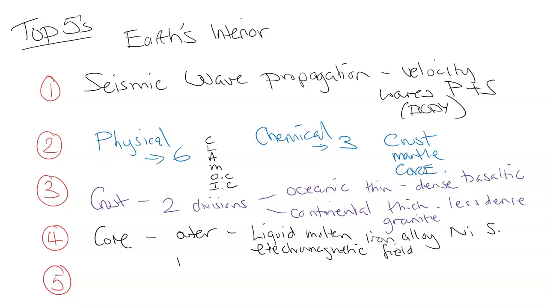And the inner core, well, that's just a solid chunk of iron and nickel at 6,000 degrees Celsius and 53 million pounds of pressure per square inch. So an insanely crazy environment, and that's our core.